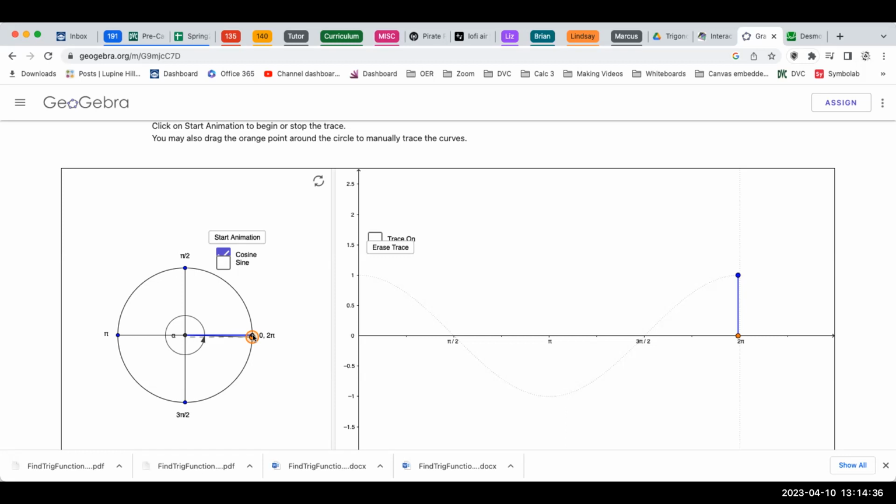So you have your unit circle right here, length 1. And on the side here, let's draw the graph. This is going to be your angle axis, angles x. And up here, we're going to have f of x equals sine of x.